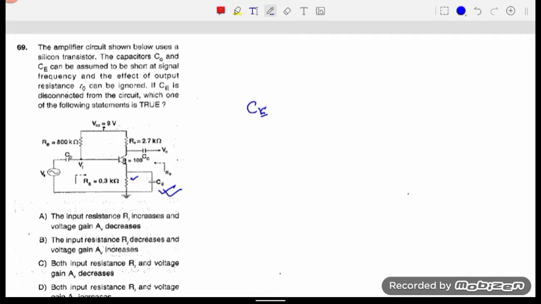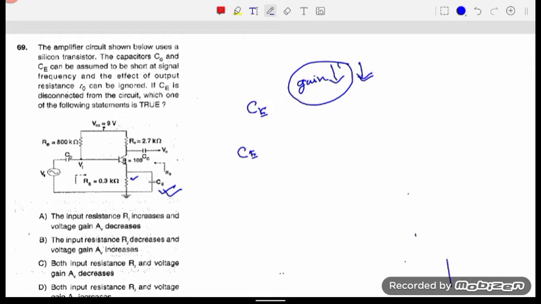But as a trade-off, the gain decreases, right? So that the gain does not decrease, we connect a capacitor CE. But they are telling that CE is removed, so obviously the gain will decrease. And the input resistance will also increase.